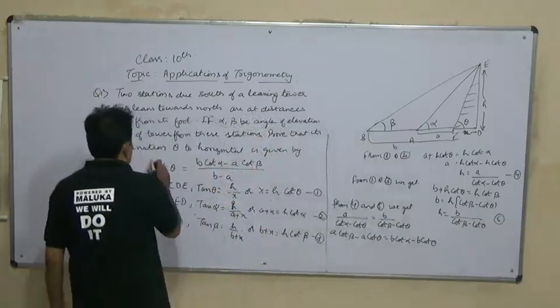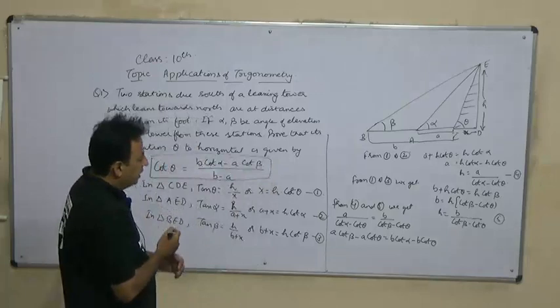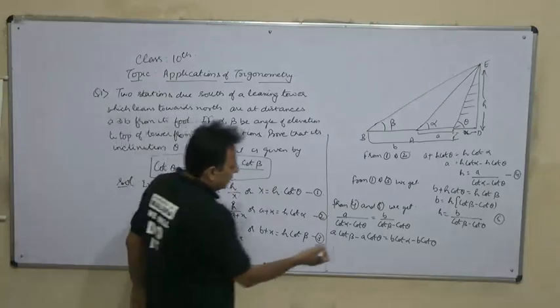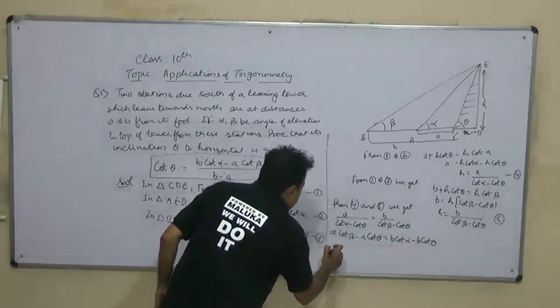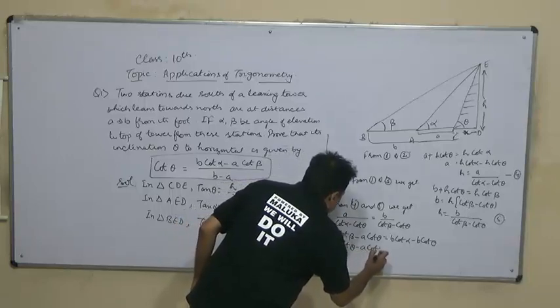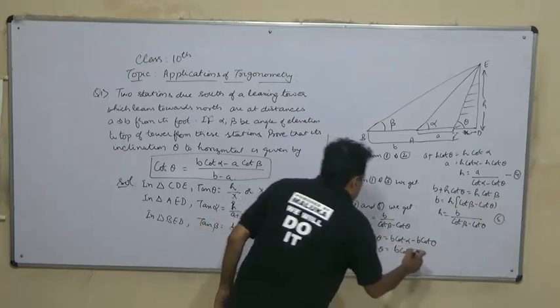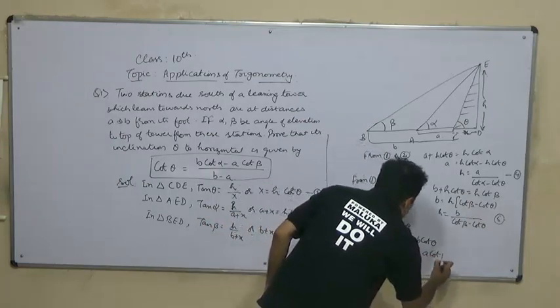The answer has B minus A, so B should be positive. So take B to this side. This will be B cot theta minus A cot theta is equal to B cot alpha minus A cot beta.